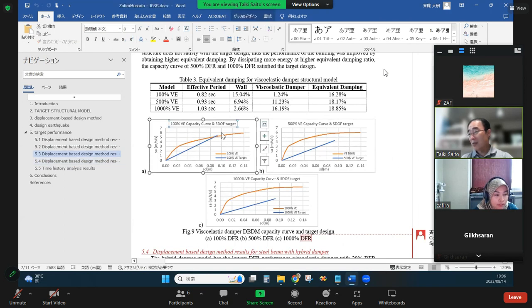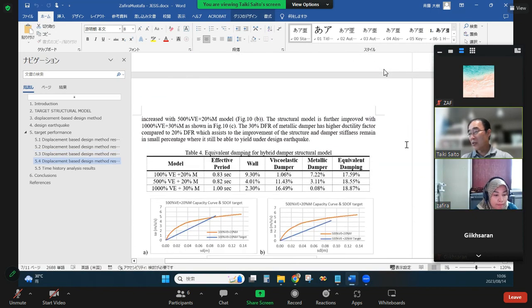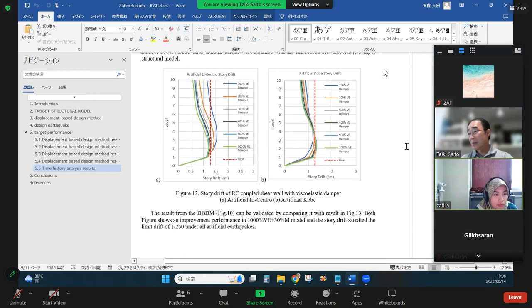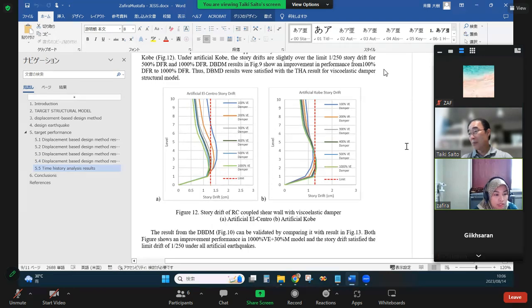And in case of viscoelastic, 100% somehow is not good. In the time history analysis, if we see the blue line, 100 is over the limit for El Centro, but 500 and 1000 are less than the limit.